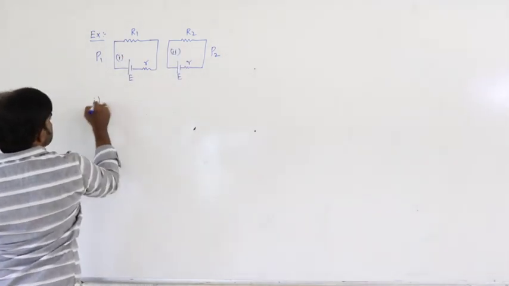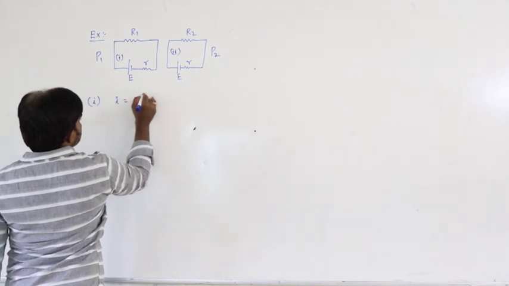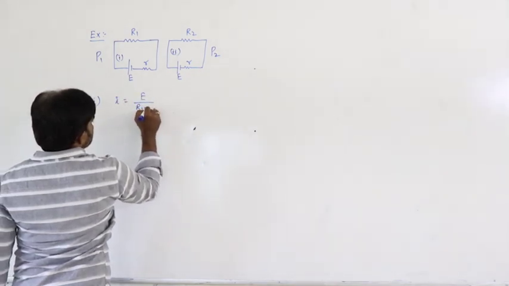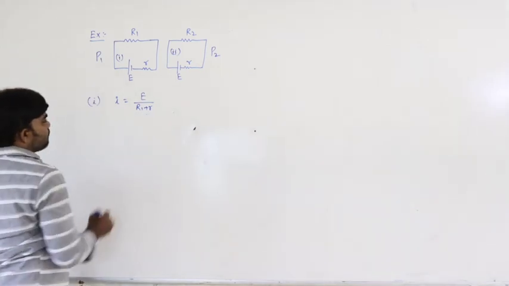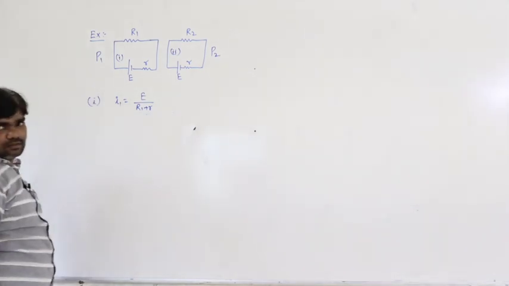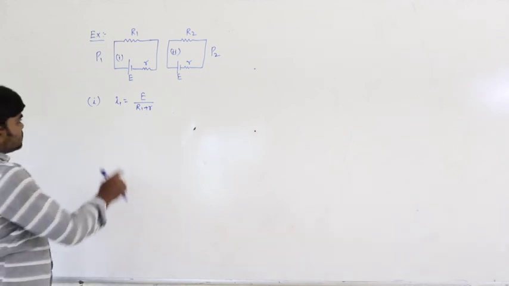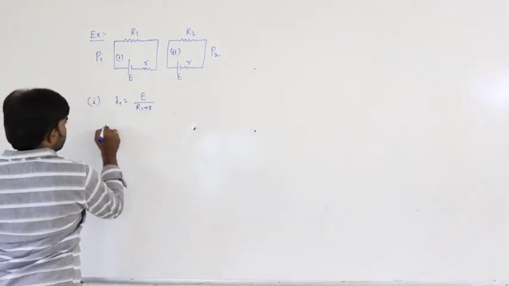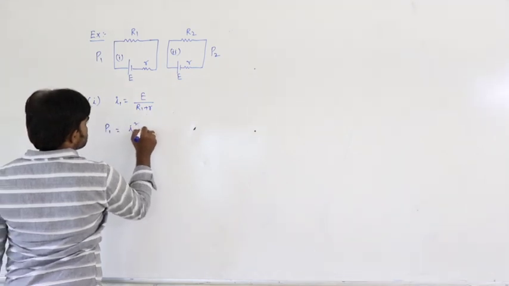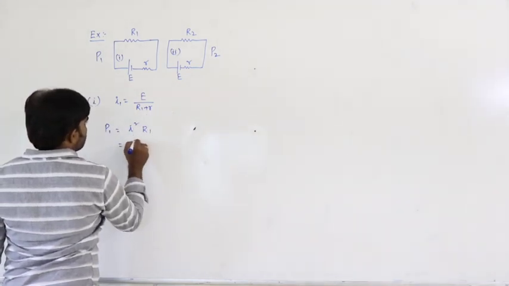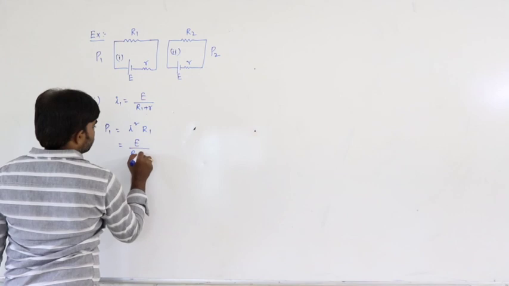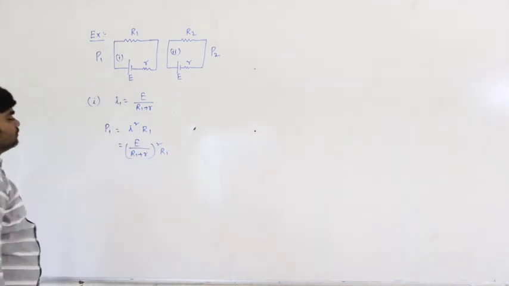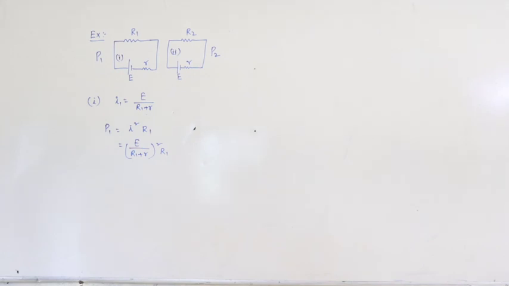In the first case, total current is equal to total EMF by total resistance, R1 plus r. Then the power consumed is I square R1, that is E by R1 plus r whole square into R1.